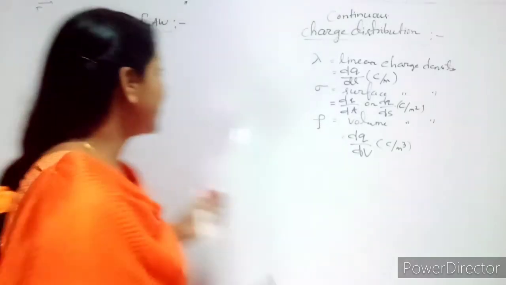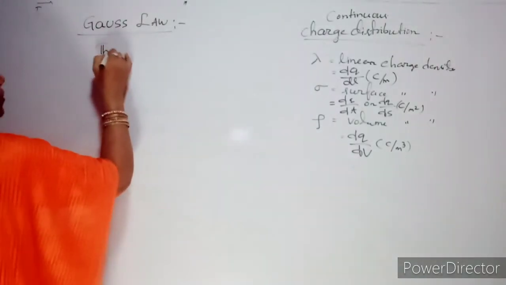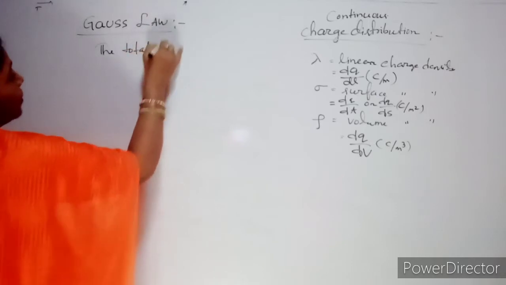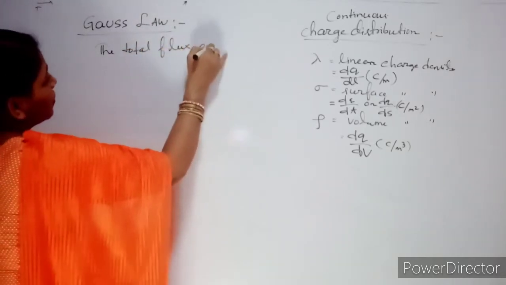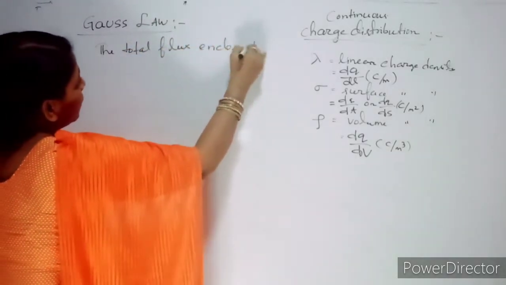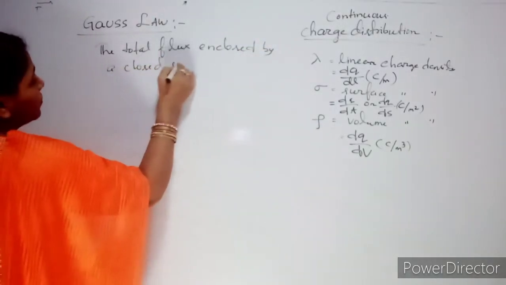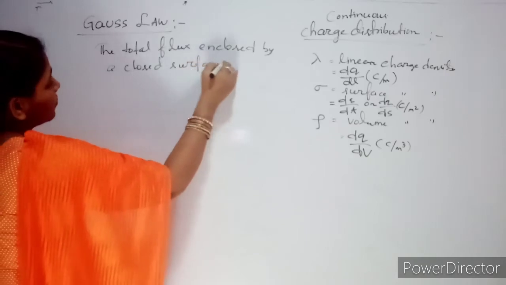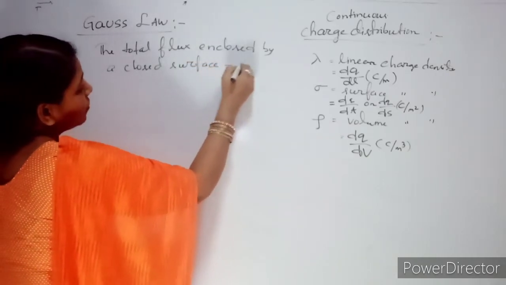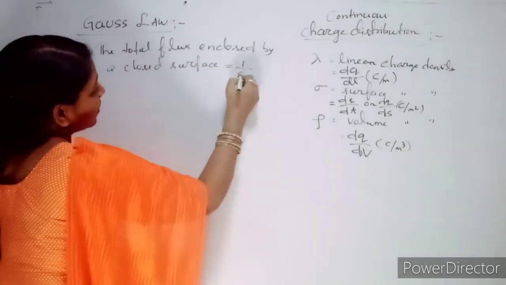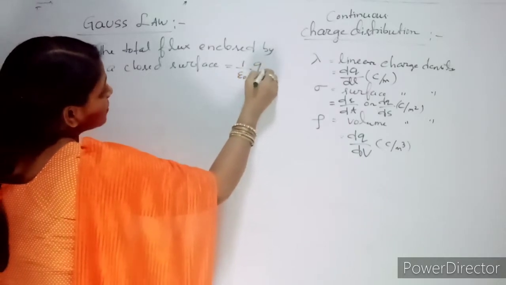Or what I will write: the total flux enclosed by a closed surface equals 1 by epsilon naught times the charge enclosed.